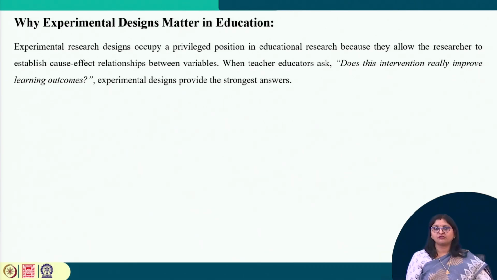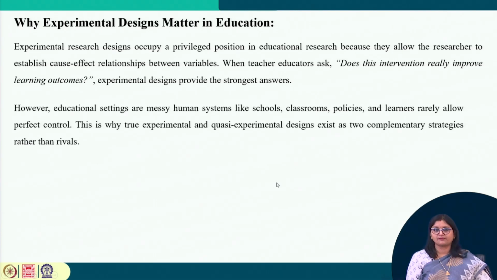Experimental research designs occupy a privileged position in educational research because they allow the researcher to establish the cause and effect relationship between the variables. When the researcher or the teacher educator asks, does this intervention really improve learning outcomes? Experimental design provides the strongest answer.